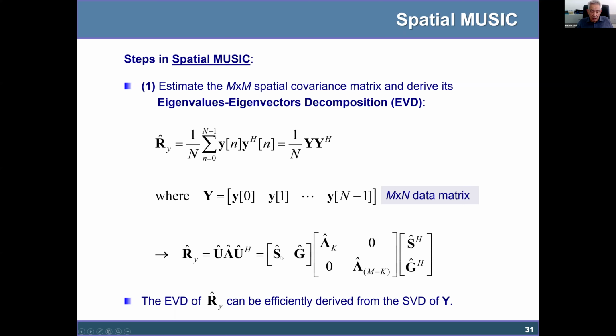You take the eigenvectors associated to the k largest eigenvalues, so you have S, and the other N minus k eigenvectors are the noise eigenvectors. MUSIC uses the noise eigenvectors, so G hat.